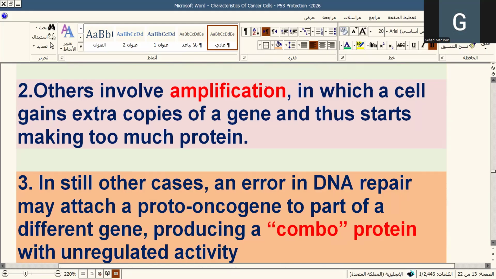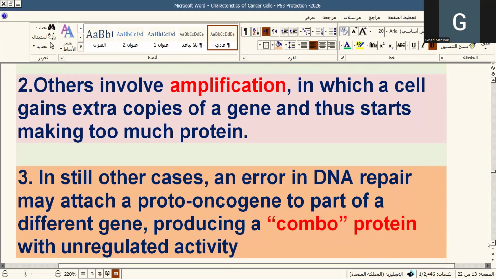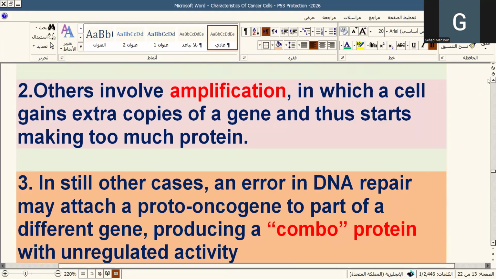an amplification, meaning that there will be extra copies of the gene, and therefore the gene will start making too many copies of the protein. So the second type of mutation is the mutation in which there is amplification.